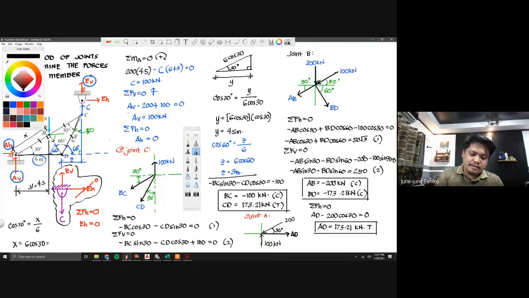So si AB, sabi natin top chord, we expect that to be compression. Si AB natin is in compression. Si BC natin is also in compression. But we expect the bottom chord to be in tension. So ating AD is in tension at ang ating DC is also in tension. Okay? Pero yung mga diagonal members natin, yun yung medyo mahirap i-predict, no? Kasi most of the time, they are changing depending on the force. Okay? So, that's it for the method of joints.